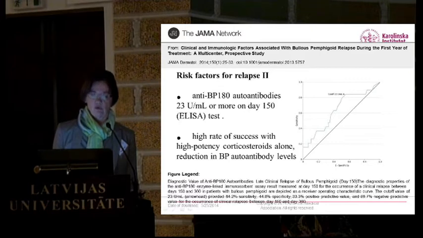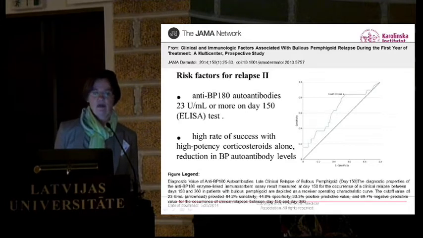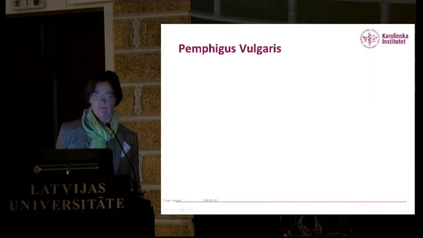What was also noted was that they had a high rate of success only with local potent steroids alone, without any systemic medicines. And they also saw a reduction in the autoantibody levels only on local treatment. They also have a hypothesis in this that the neurological diseases could actually be linked to the pathogenesis of bullous pemphigoid, with the antigen being linked to the neurological system, which is interesting for therapeutic reasons in the future.